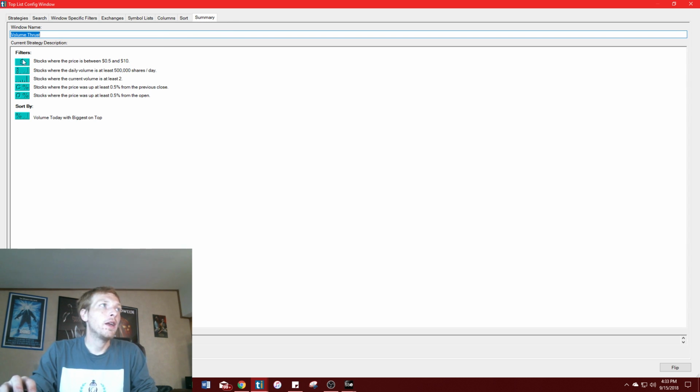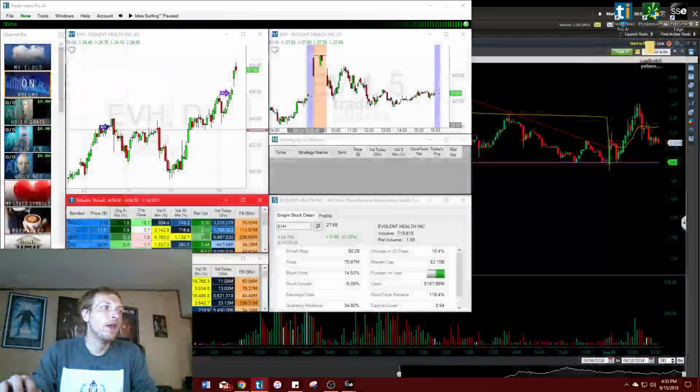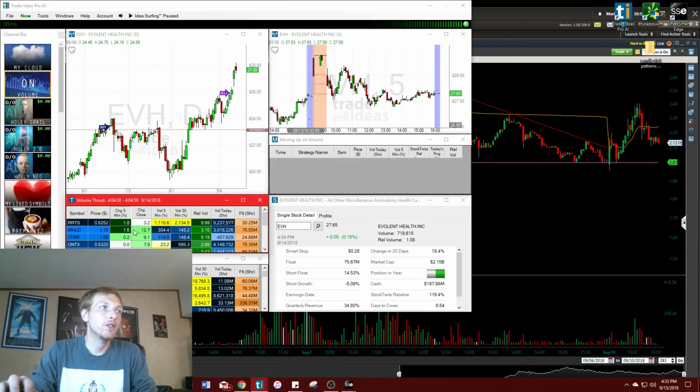And you can see right here in the filters, stocks where the price is between 0.5 and 10, and then the rest of the filters that they had. And then I'll click OK, and there you go. It just set that up like that. Now it's scanning the market for stocks between 50 cents and $10.